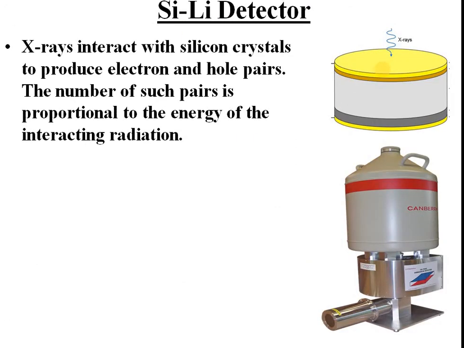Some special remarks about the detector used. As I told you, we use a silicon crystal, suitably doped with lithium or germanium. Once the X-ray photon is incident on this crystal, electron hole pairs are created inside the crystal. Since appropriate voltage potentials are applied across the crystal, the oppositely charged electron and hole pairs go to respective electrodes and get discharged.